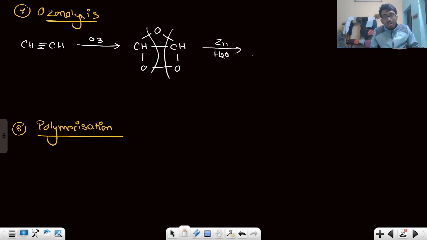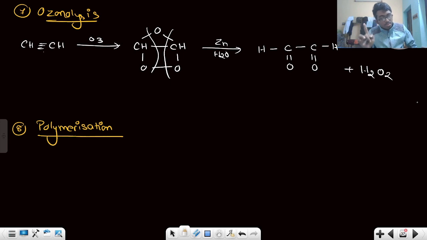Just see and write. You can see what is written: HC double bond O, single bonded with another C double bond O. This type of thing is formed, clear, plus H2O2. As simple as this is ozonolysis. You just have to remember that in case of a triple bond one bond remains, in case of alkene no bond remains, because ozonolysis breaks 2 bonds. Done, over, that's all about ozonolysis.